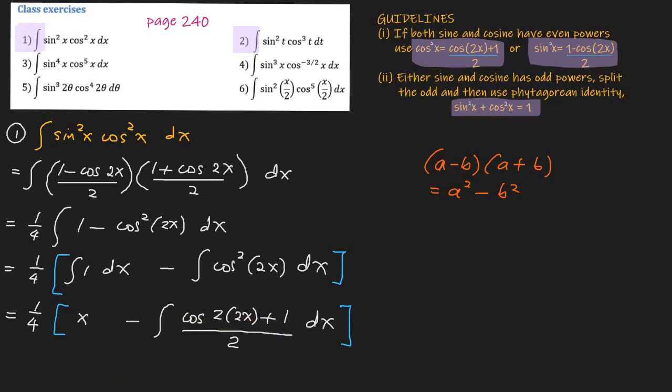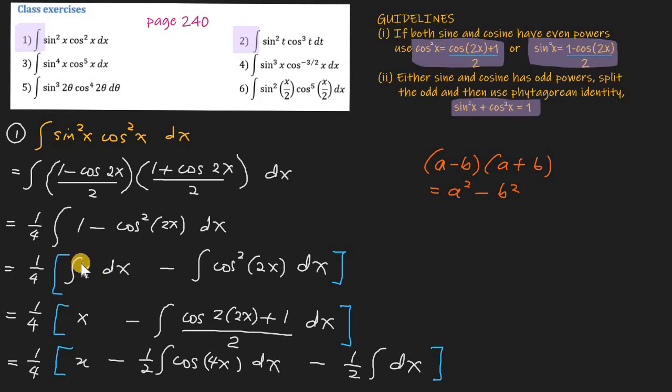Notice here I have integrate, which gives x, and here we separate them. So we have cosine 4x on 2, and then plus is minus, we take the constant in front and we are to integrate.